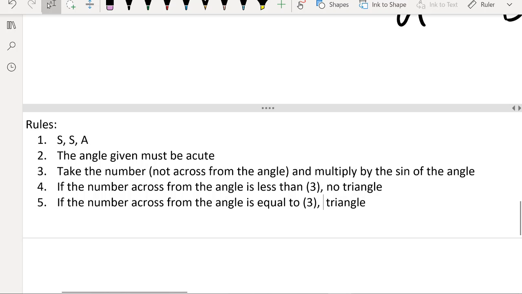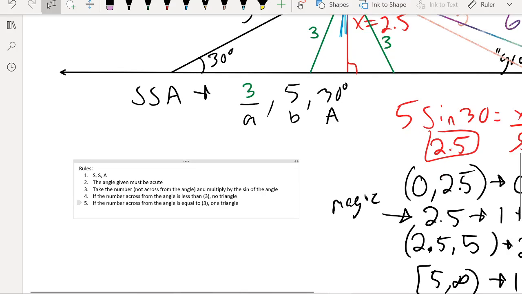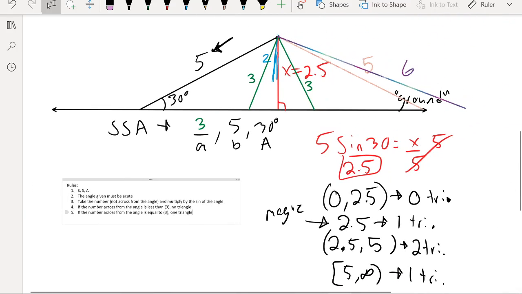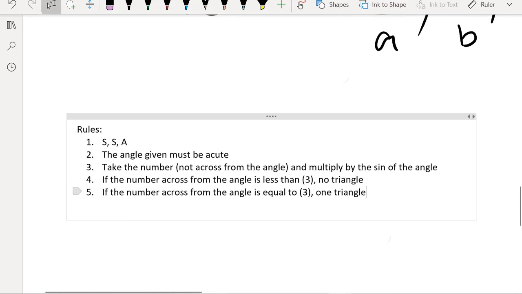So one triangle is possible. For instance, in our case, the number in step 3 that we got was that 2.5 number. So that's what I'm referring to here.